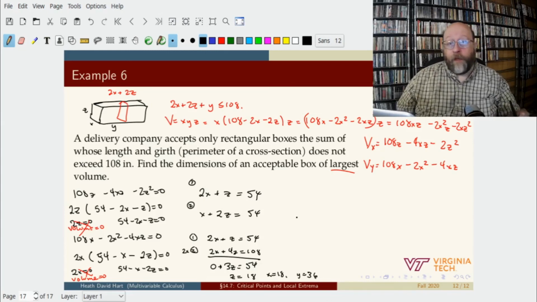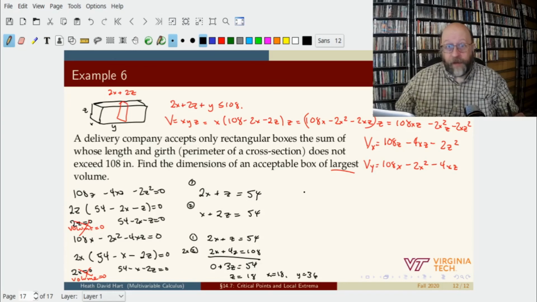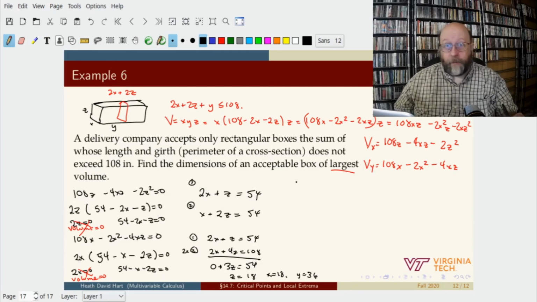So these are our dimensions, 18 by 18 by 36. But let's double check to see if it's a maximum. So the box is 18 by 18 by 36 inches.